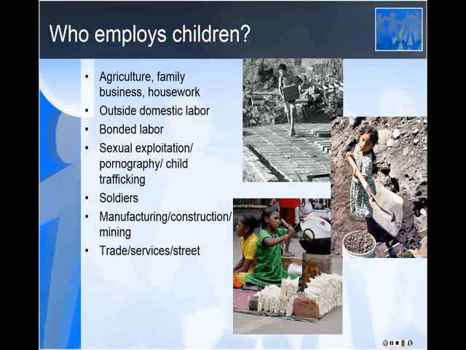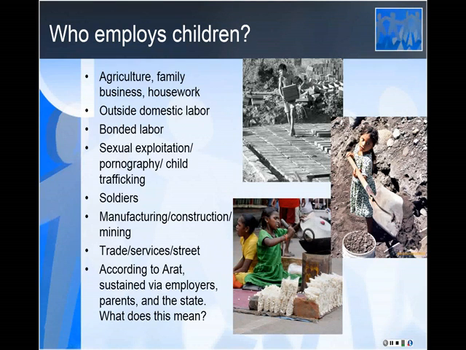They're not externally sent to countries abroad. So Arat argues that child labor is sustained by the employers, their parents, and the state. And as I went through all that data, you can kind of see what this means is that employers perpetuate, parents perpetuate, and the state is doing nothing about curbing child labor.